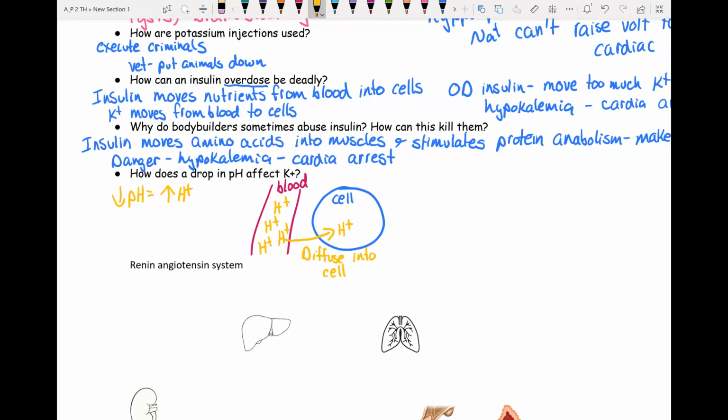Now you also have potassium in your cell. Potassium and hydrogen are both positive. They're both cations. And remember, likes repel. So as all this hydrogen is diffusing into the cell, the potassium doesn't like it. It is repelled by all these other cations. So the potassium will leave the cell to get away from the hydrogens that are coming in.